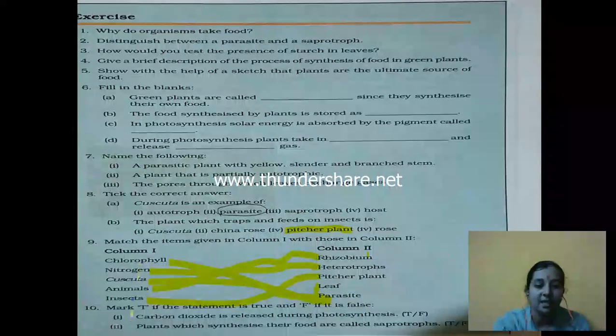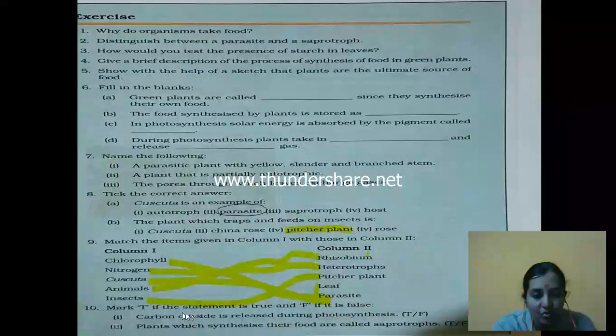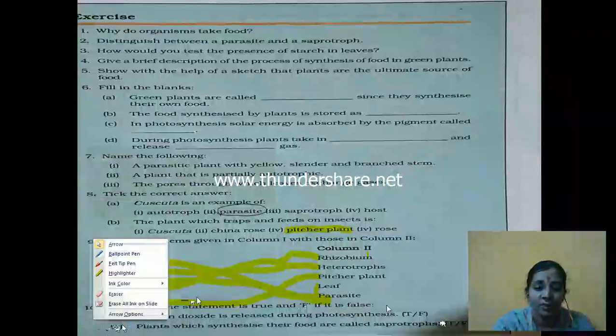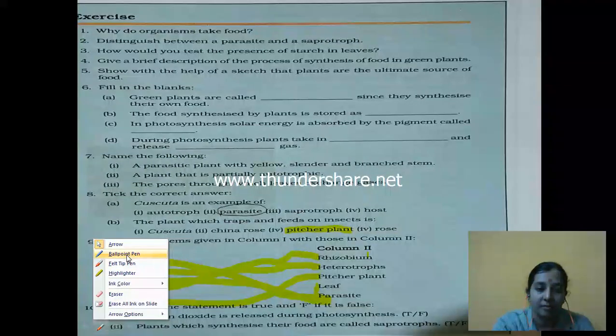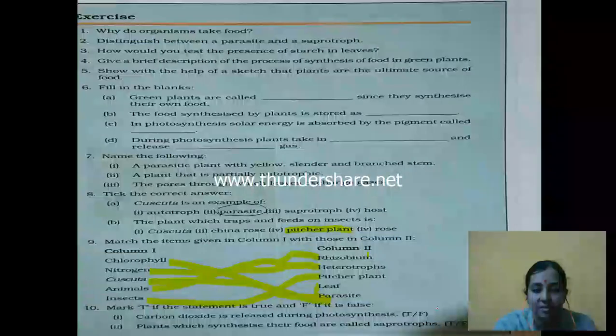Okay, next, mark true if the statement is true and F if it is false. Carbon dioxide is released during photosynthesis. Is it true? Which gas is released? Yes, it is not true. It is then false.